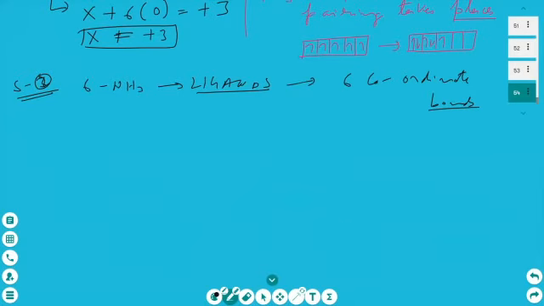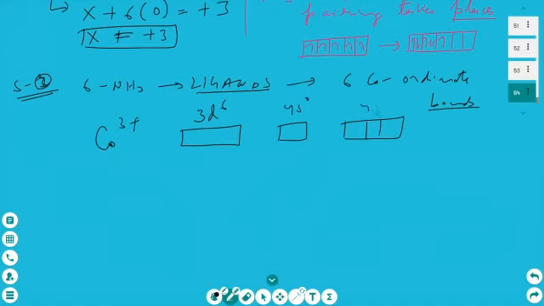Very good, 6 orbitals are required. You're right. Now let me write cobalt in 3+ form. Now you have 3d, then you have 4s, and then you have 4p. After removing electrons, I have written 3d6, 4s0, and this is 4p.